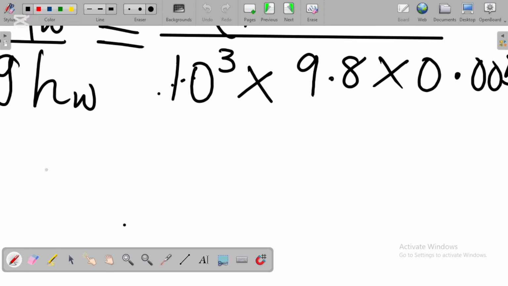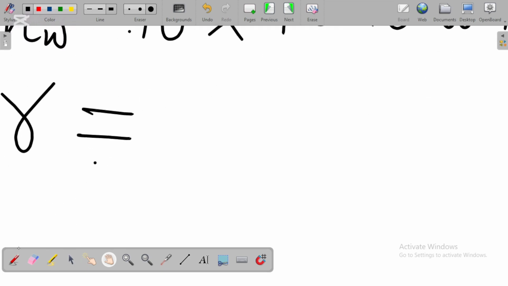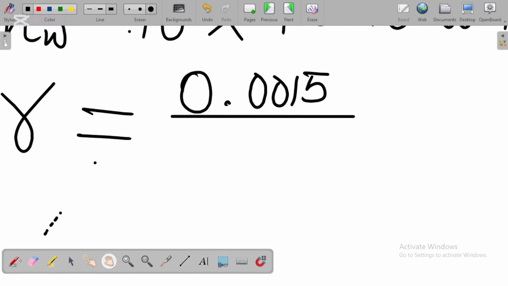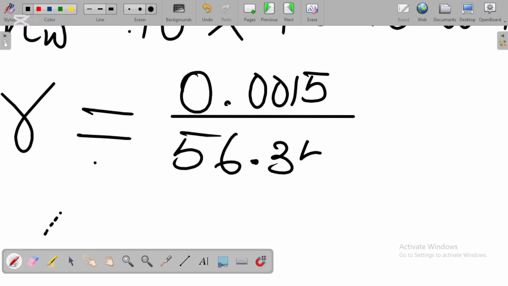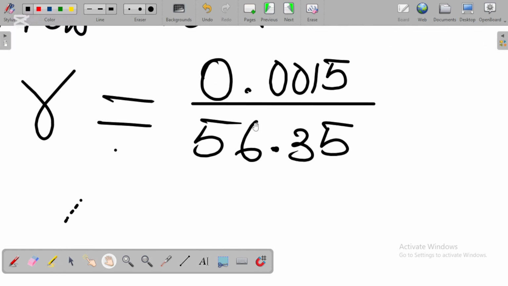So at this point, R, which is the radius, is equal to 2 multiplied by 7.5 multiplied by 10 raised to the power negative 4. It would give you 0.0015. And then all over, our denominator becomes 56.35. So if you divide 0.0015 by 56.35, what will it give you?